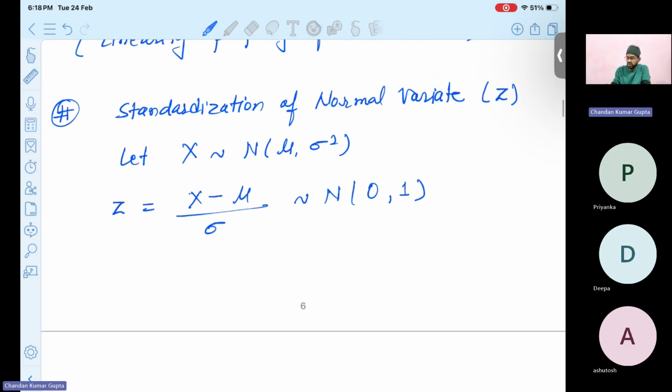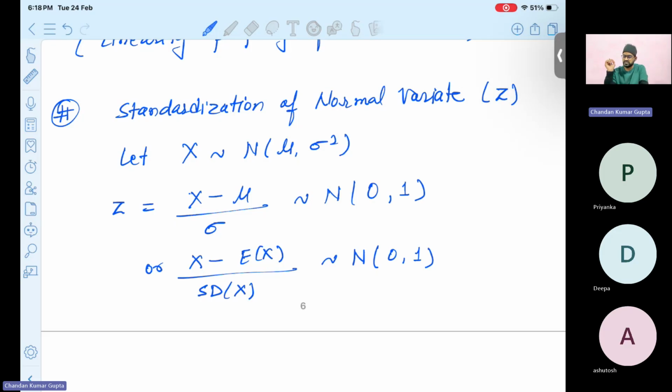Or you can say (X minus expectation of X) upon standard deviation of X. This is approximately normally distributed, but here since X is normally distributed, Z is normally distributed with mean 0 and variance 1. This process is called standardization of a random variable.